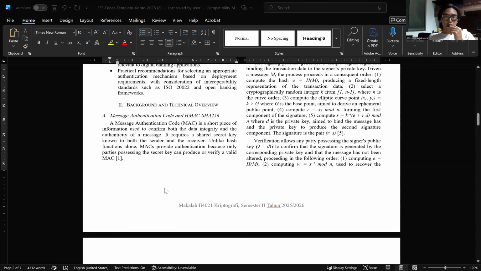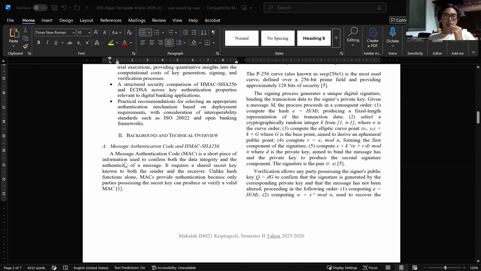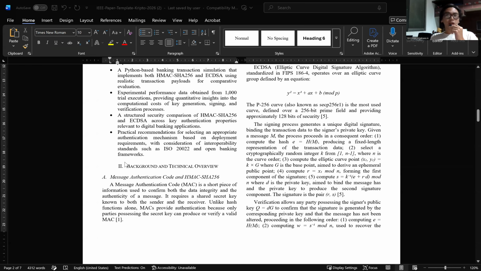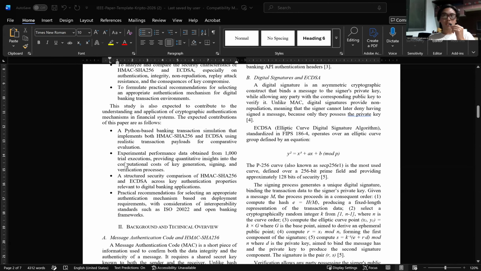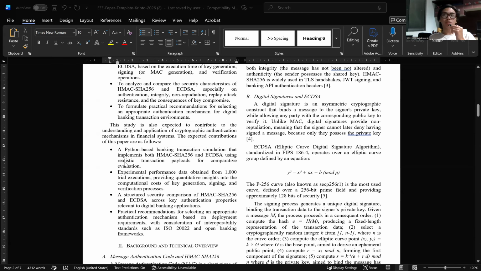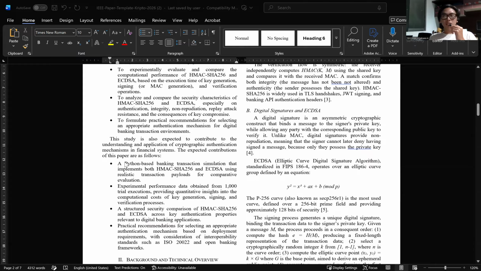So the first one is about HMAC SHA 256. Basically, HMAC SHA 256 works like having one shared key that is held by both parties, the sender and also the receiver. That key is used to stamp the transaction data, and if the stamp matches on both sides, then the data is valid and really came from someone who is holding the key.